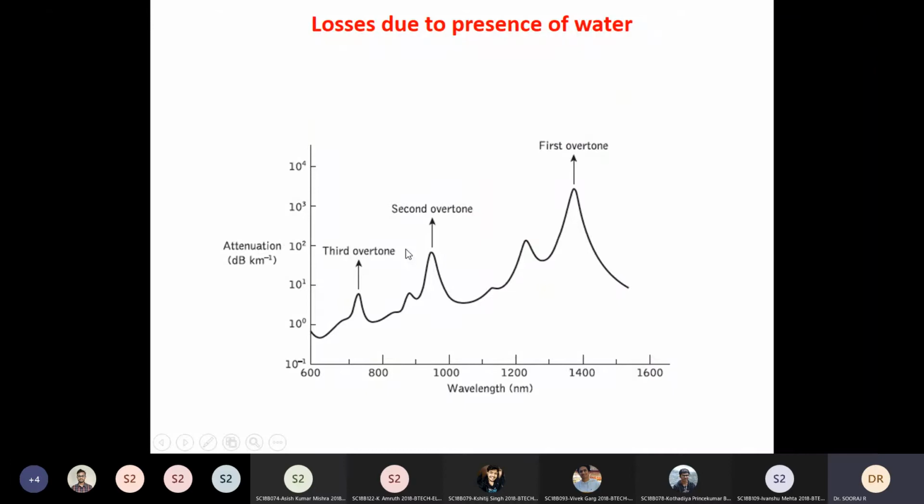Okay, so if you look at the losses due to the presence of water vapor molecules, you will find that they attain a maximum, for example, somewhere around 700 nanometer, then around 900 nanometer, again around 1200 nanometer, around 1400 nanometer, and so on. Nowadays there are techniques by which you can minimize the losses due to water vapor.